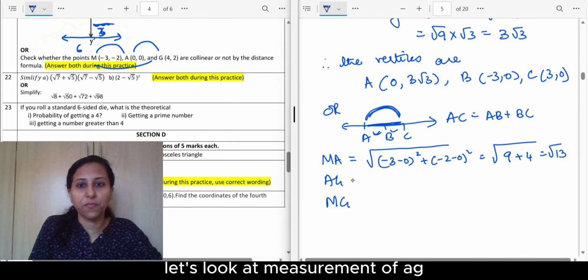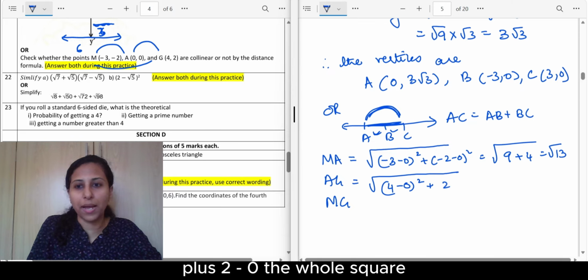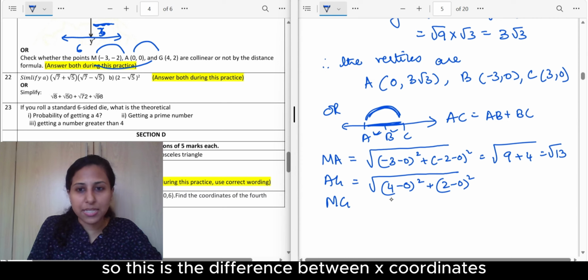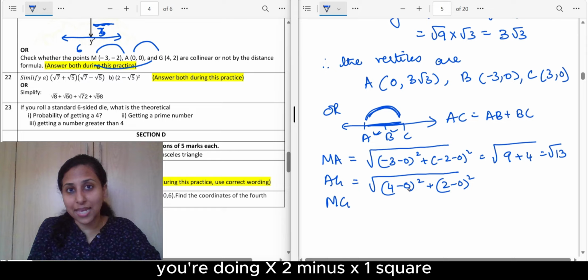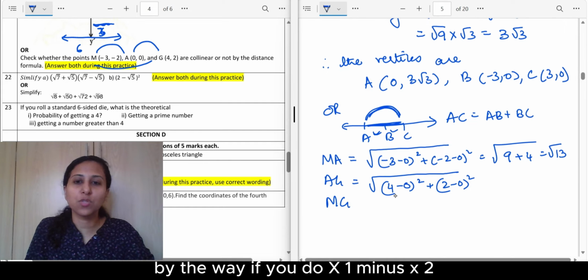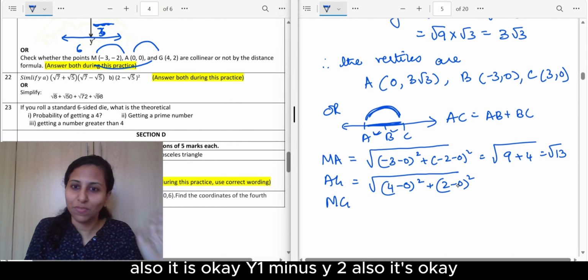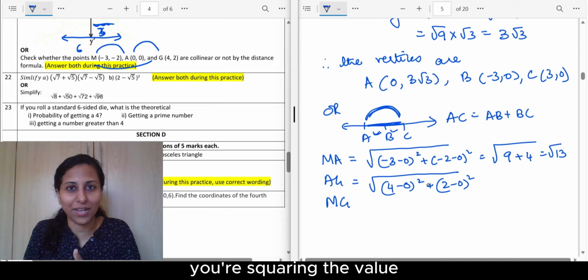Let's look at the measurement of AG. AG will be root of 4 minus 0 the whole square plus 2 minus 0 the whole square. This is the difference between x coordinates and this is the difference between y coordinates. We are doing x2 minus x1 square plus y2 minus y1 square. By the way, if you do x1 minus x2 or y1 minus y2, it is okay, because anyway you're squaring the value.